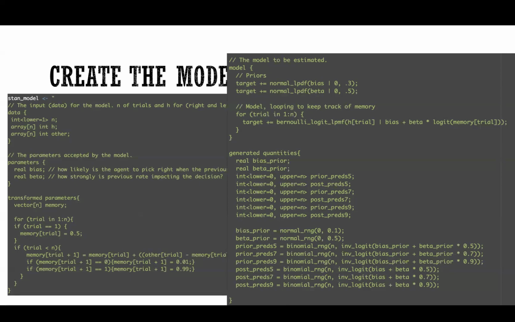0 to 0.3 for bias, because we don't expect a huge bias, people just going right or left. And then we don't really know much about memory. Let's put something broader, 0.5.